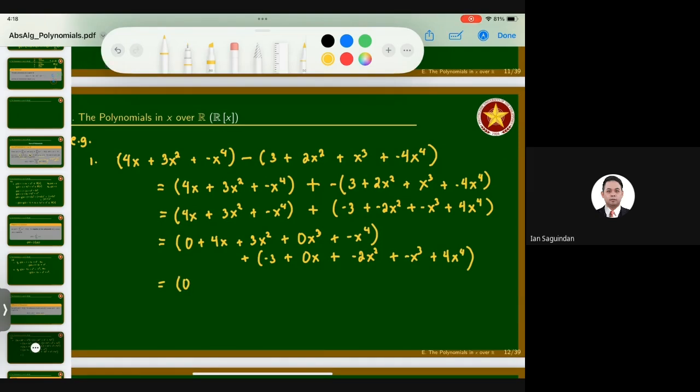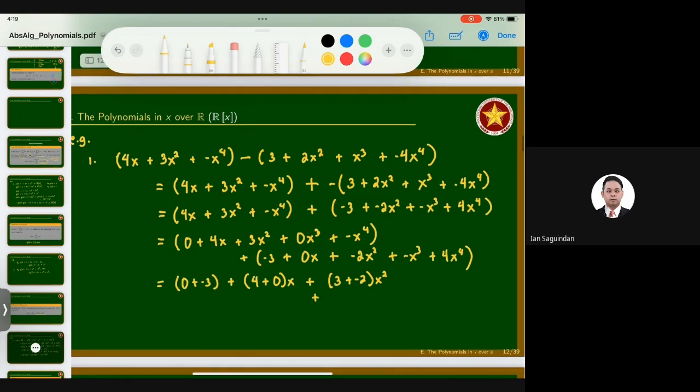So we have 0 plus negative 3 plus 4 plus 0 x plus 3 plus negative 2 x squared plus 0 plus negative 1 x cubed plus negative 1 plus 4 x to the fourth.